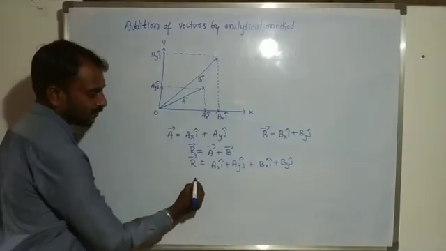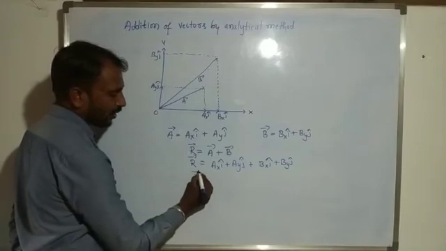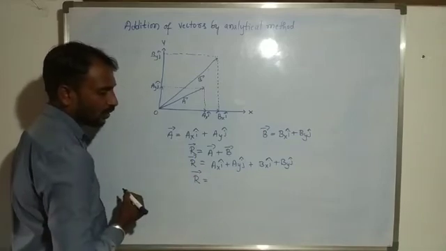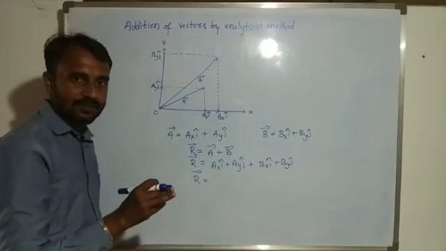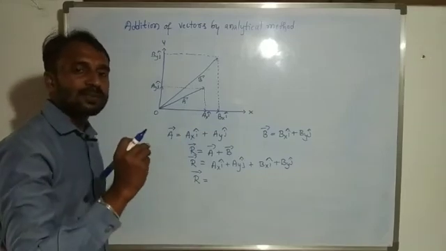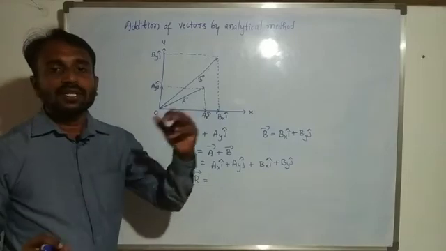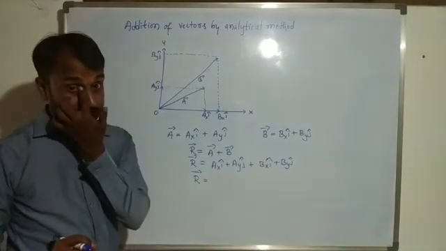So the resultant vector R is equal to, the components along the x-axis on one side and the components along the y-axis on another side.